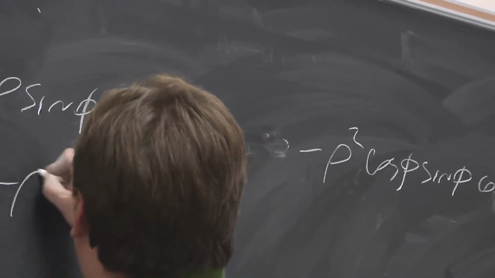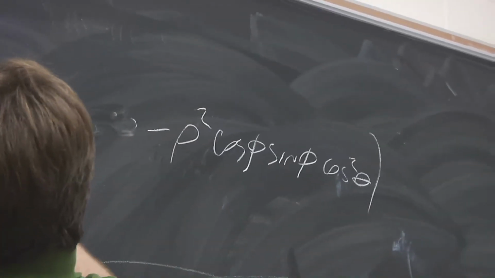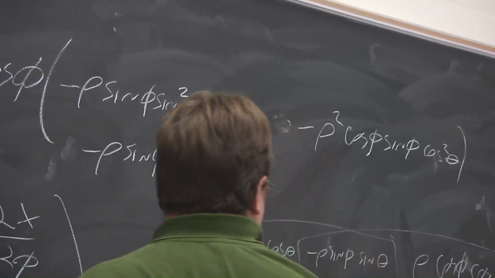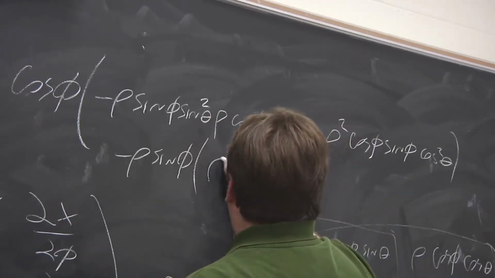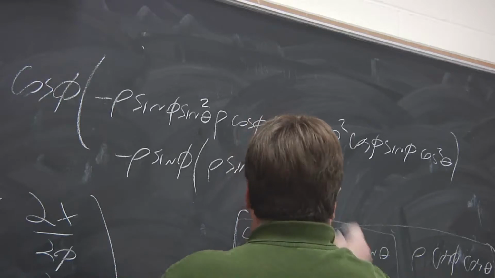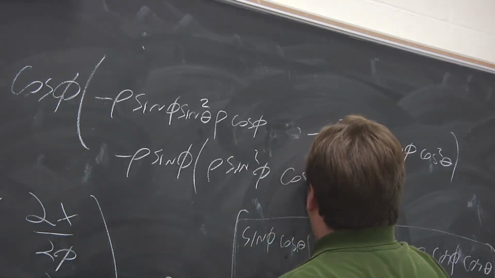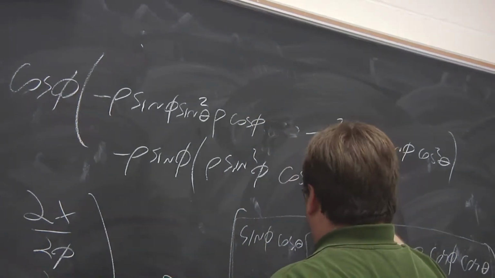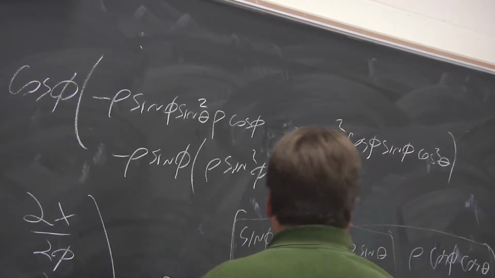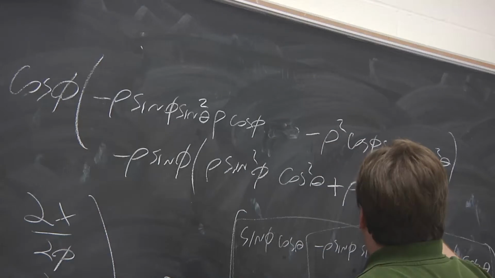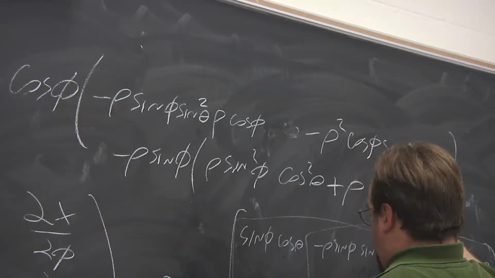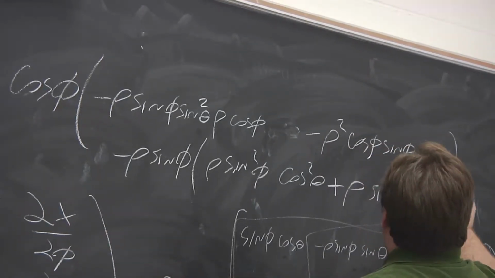Minus rho sine phi times the determinant of this mess. So we'll have rho sine squared phi cosine squared theta plus rho sine squared phi sine squared theta.